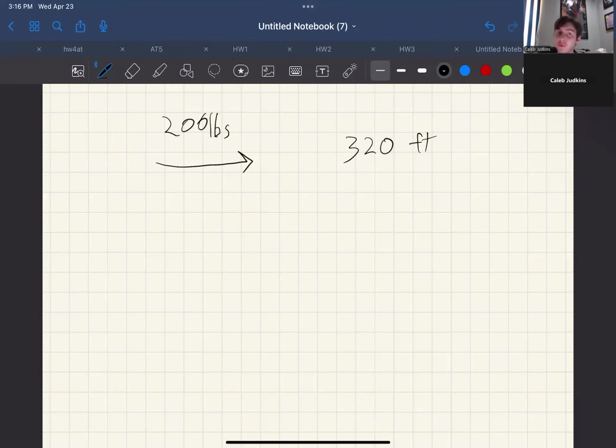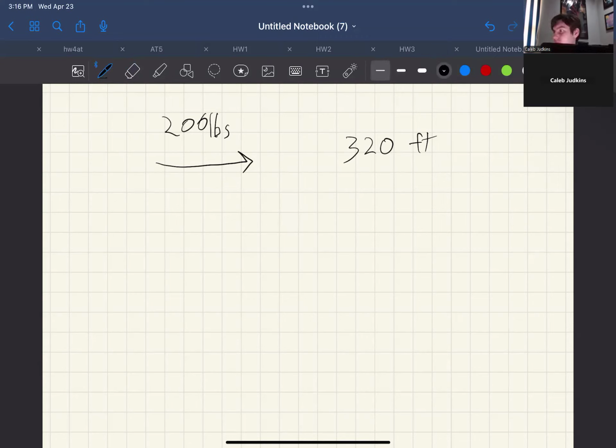Now, this one is very straightforward because this vector only has a horizontal component. You're only moving a horizontal distance. So it is just a matter of multiplying pounds by distance, right? This would just be 200 times 320.